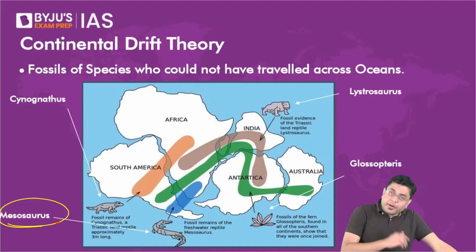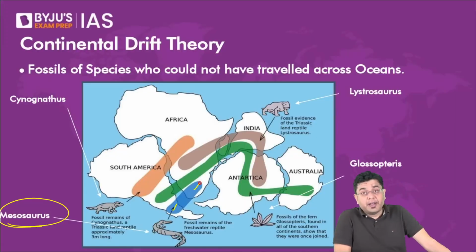But then fossil remains of Mesosaurus have been found in South America as well as in southern part of Africa. Now, how is it possible? How is it possible that the same animal could be found in such different places, separated by thousands and tens of thousands of kilometers?